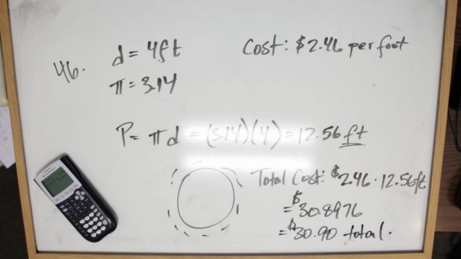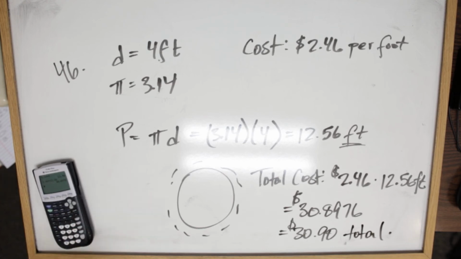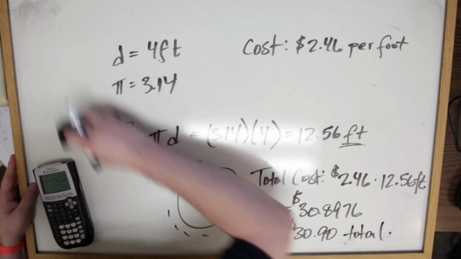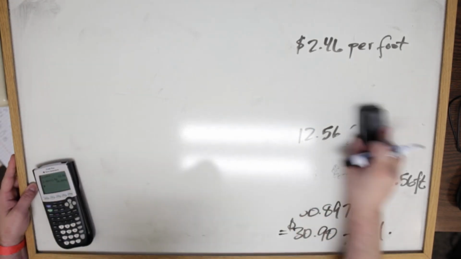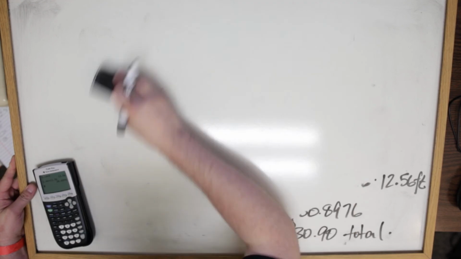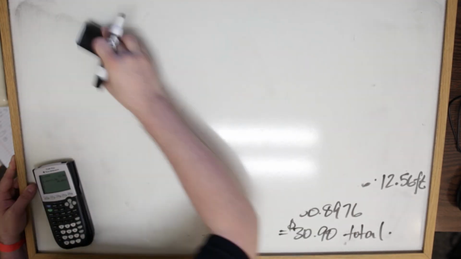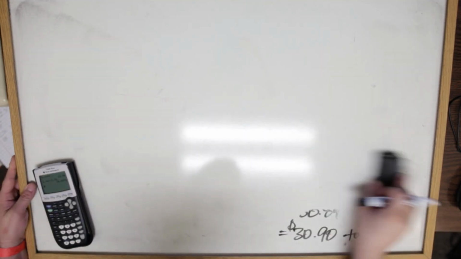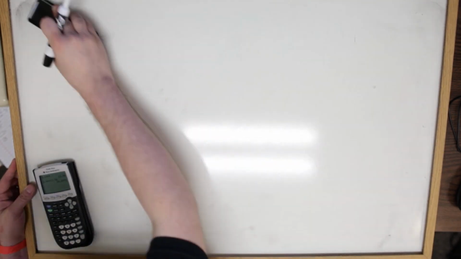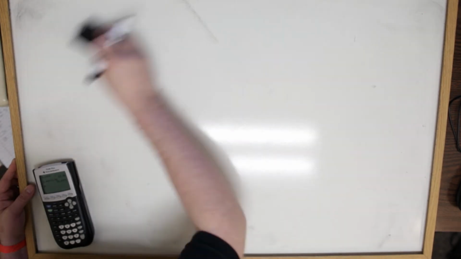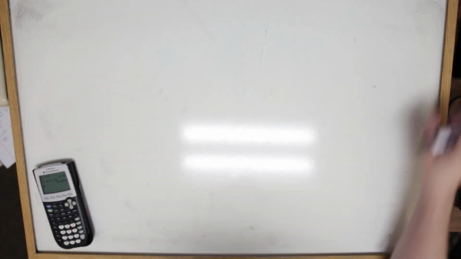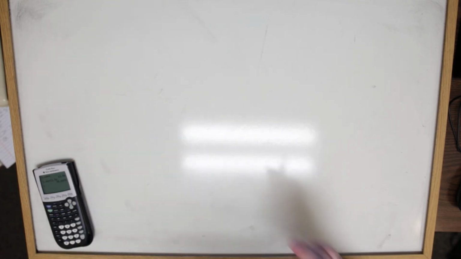Okay, so that's how you would do a cost problem. It's like an extra step on top of it. Like I said, it's very applicable, especially if you own or run a business. You always want to find how much your product costs, especially if you're billing on a per foot basis. My dad does a lot of underground irrigation, and also there's a machine that he uses to drill underneath highways and roads.